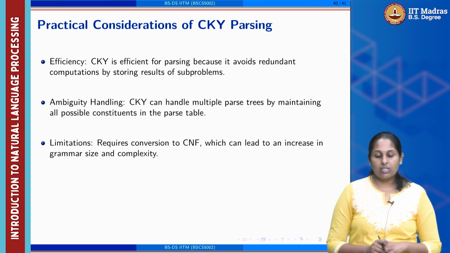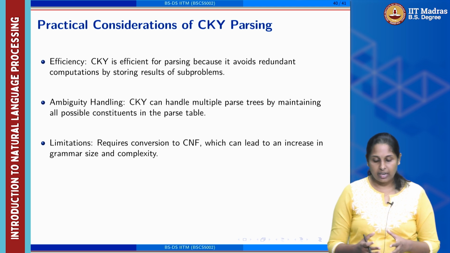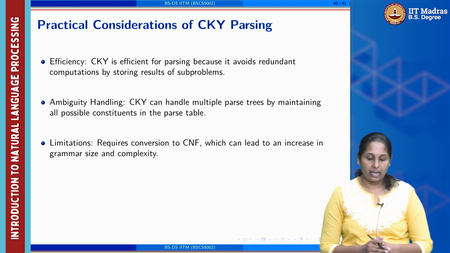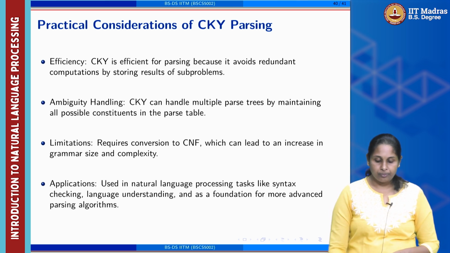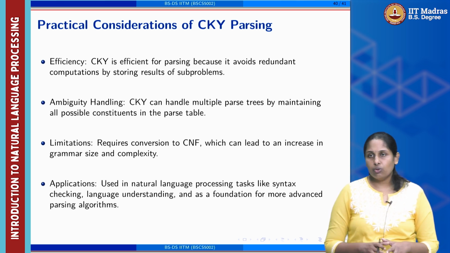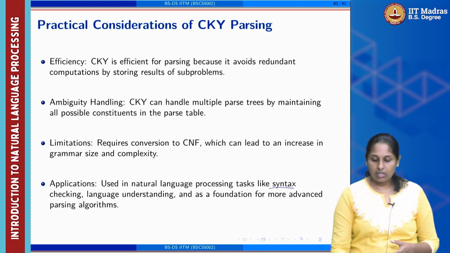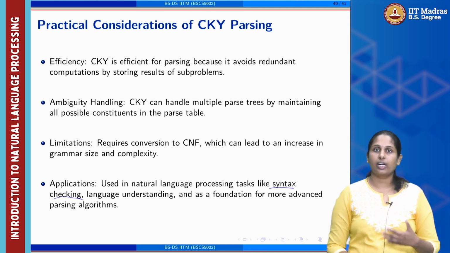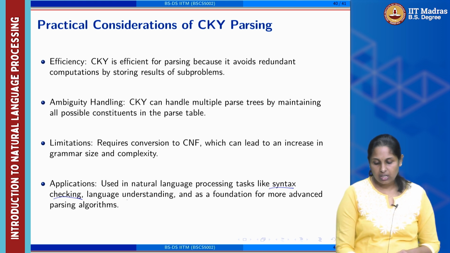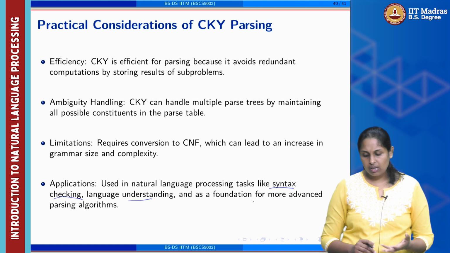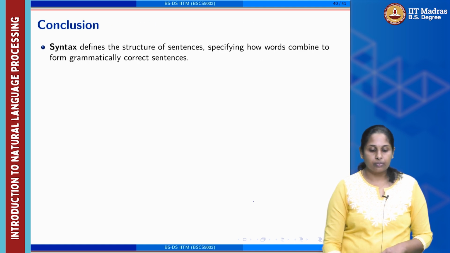The limitation is that it increases the grammar size and complexity, since we need to capture all kinds of grammatical patterns in the language. It's widely used in NLP applications like syntax checking, especially sentence formation and grammar checking, and for understanding language, and it's also a foundation for some of the more advanced parsing algorithms.